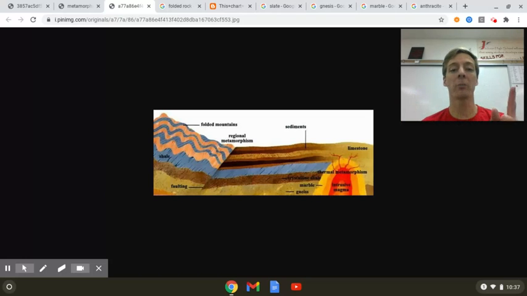Very different. Contact metamorphosis, real simple. When magma comes up and intrudes a rock formation, you have heat that's going to change that rock. You're already under pressure. You're squishing magma up through there. Your increased pressure, your increased temperature, something's going to change in those surrounding rocks as they start to melt. So sometimes they will recrystallize.